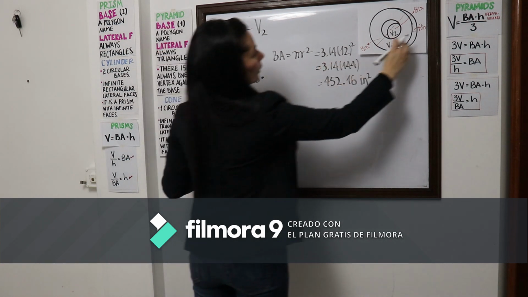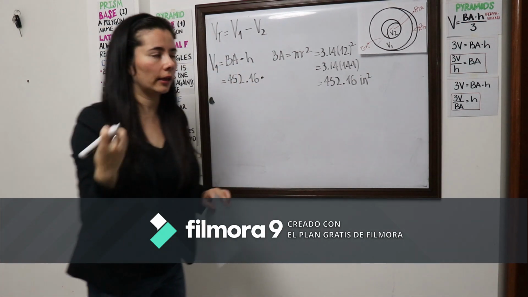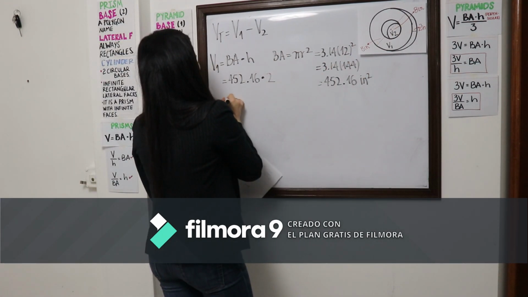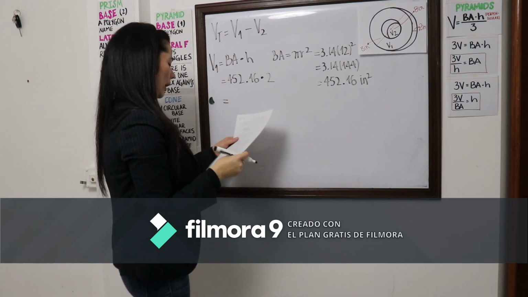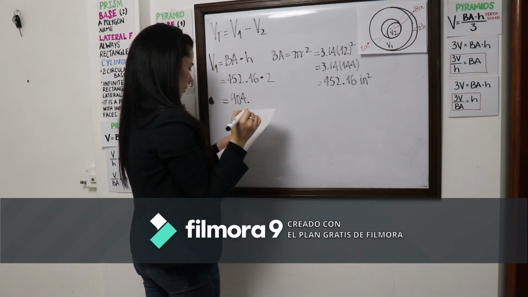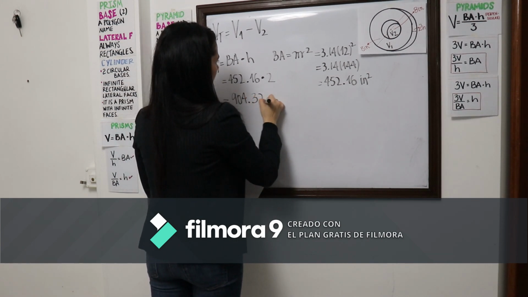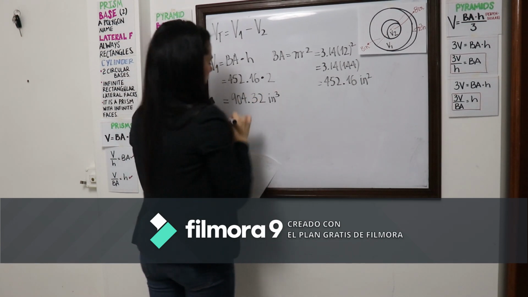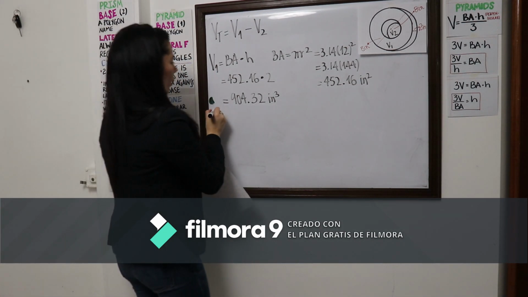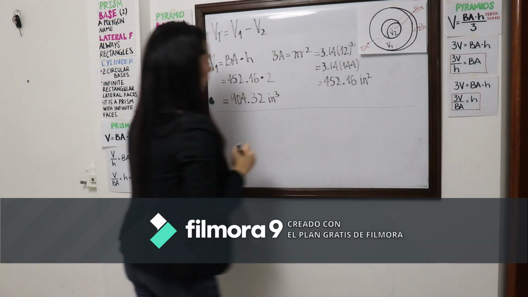The height. Now the height is how thick the solid is, of course. And so I'm thinking about 2 inches right now. That is, of course, a little bit more than 900. 904.32 cubic inches, of course, right? So that's one. Then I'm going to do the second volume.